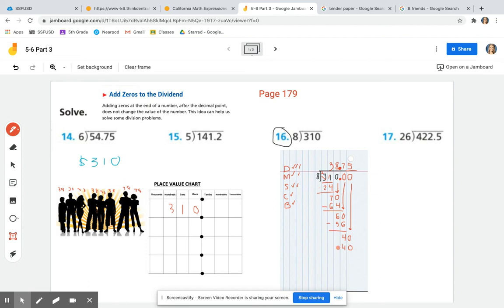Next step is subtract. What's 40 minus 40? It is 0. Yay. And we have nothing else to bring down. That means we've evenly distributed this $310. And now we've come across an exact answer that went in correctly. Each friend is going to get $38.75.